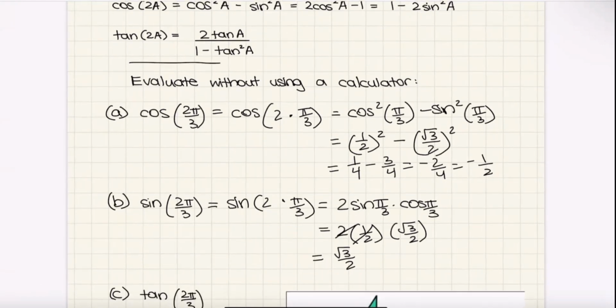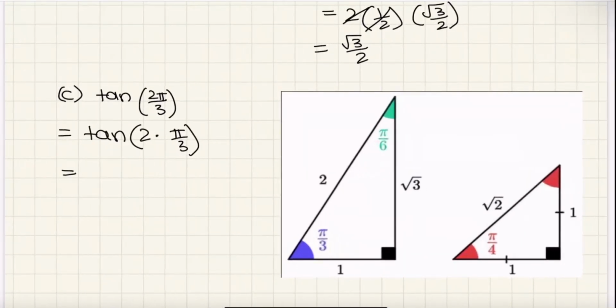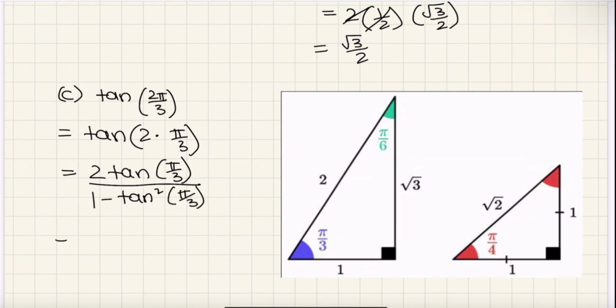So essentially just using this formula here, but replacing the A with pi over 3. Okay, then we are going to find tan pi over 3. So tan pi over 3 would be opposite over adjacent. So that's going to be root 3 over 1, which is just root 3.